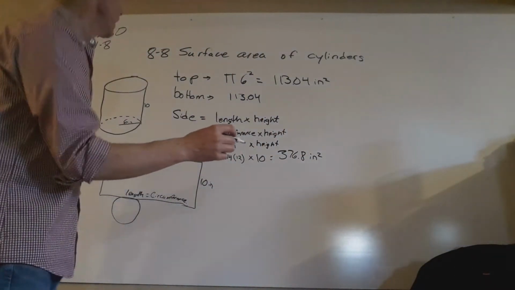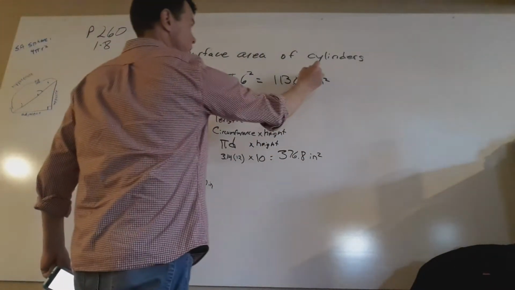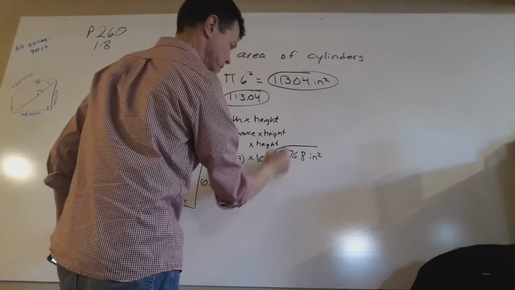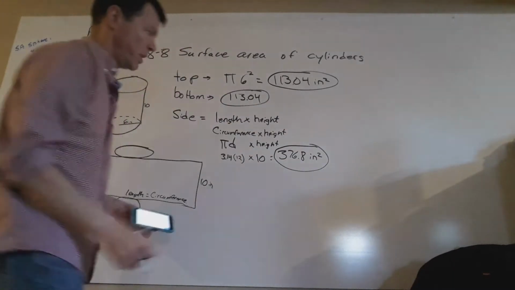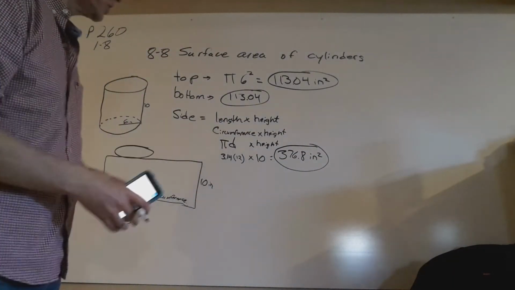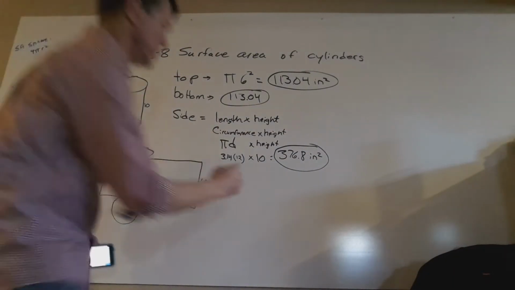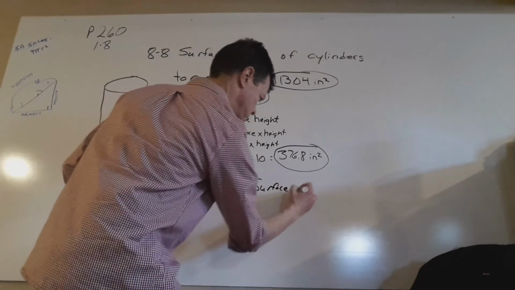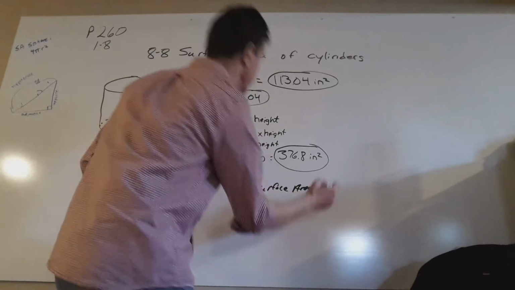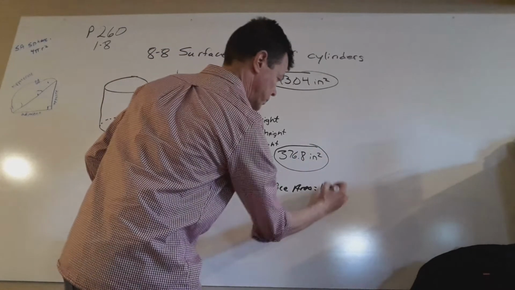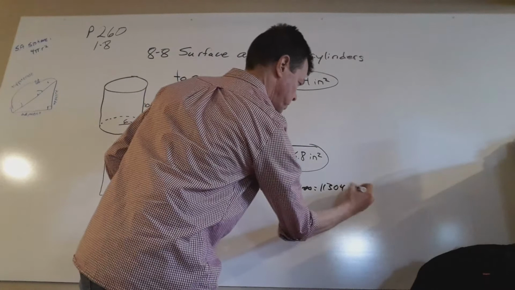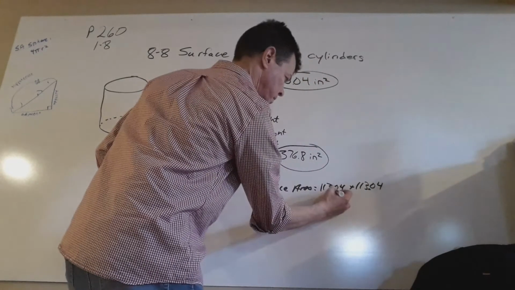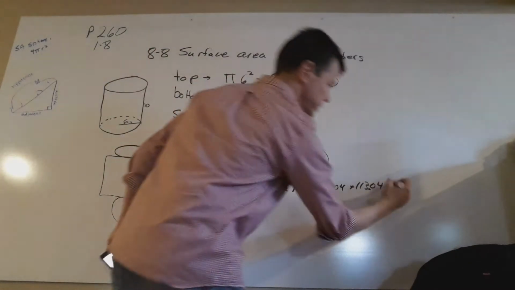So here's what we have to get total surface area. You have the top, the bottom, and then the side. Three calculations. Just add those three together. So surface area equals 113.04 plus 113.04 plus 376.8.